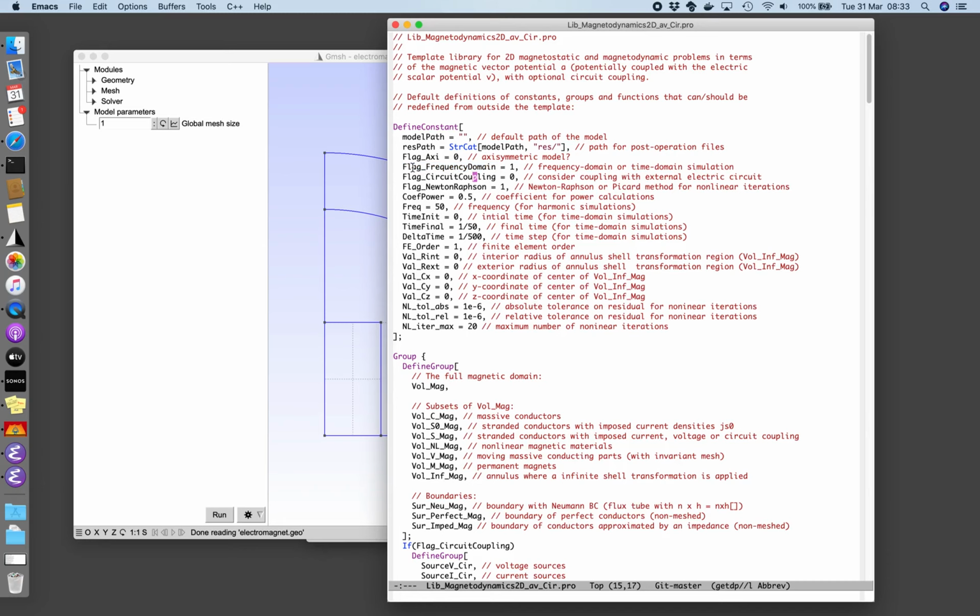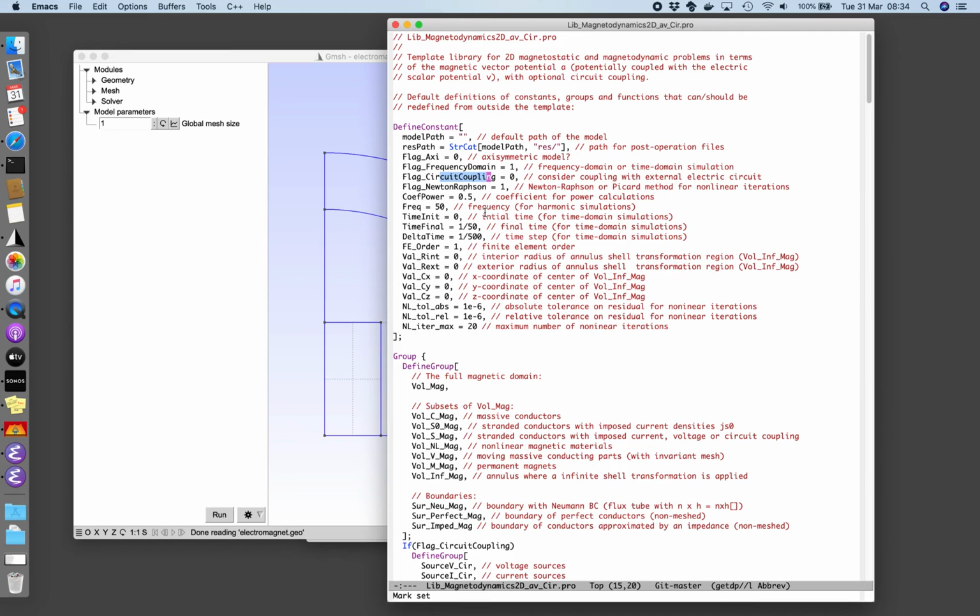Let's assume that we're going to leave it at the default value, so we're going to start with frequency domain analysis. Then we can decide if we do circuit coupling or not. If we just impose a current or a voltage, we don't need circuit coupling. This is going to be interesting in the second example that we're going to work on today, where we want to couple our dynamic model with an external circuit that involves, let's say, lumped circuit elements.